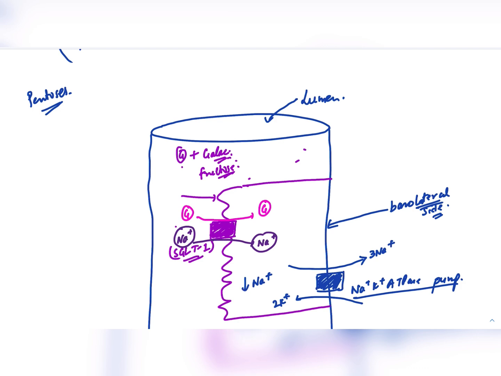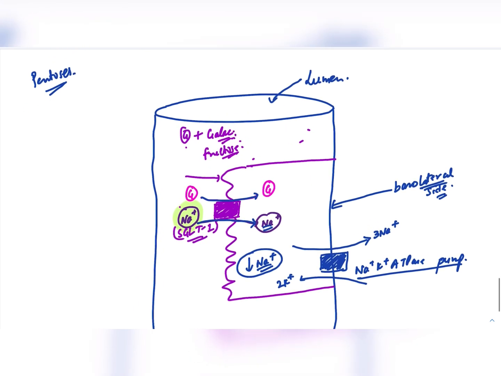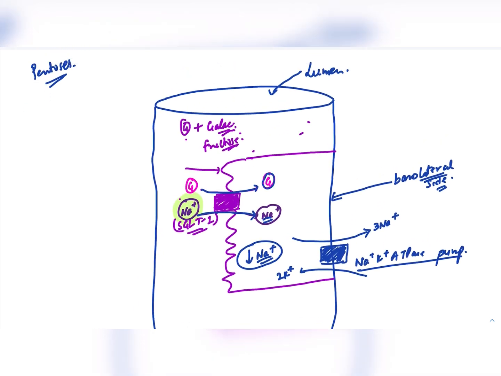So due to the difference in the concentration gradient, the sodium present in the intestinal lumen will move inside the intestinal epithelial cell, and along with the sodium, the glucose will also move inside the cell from the lumen.